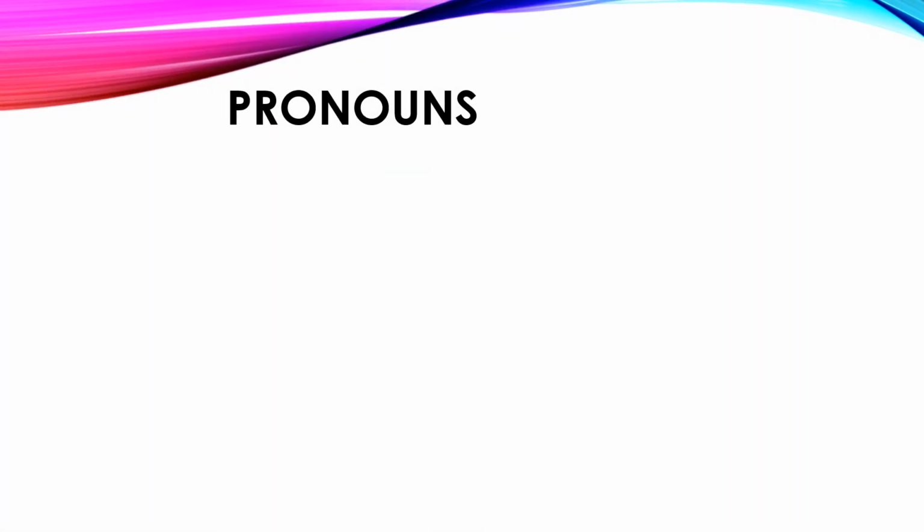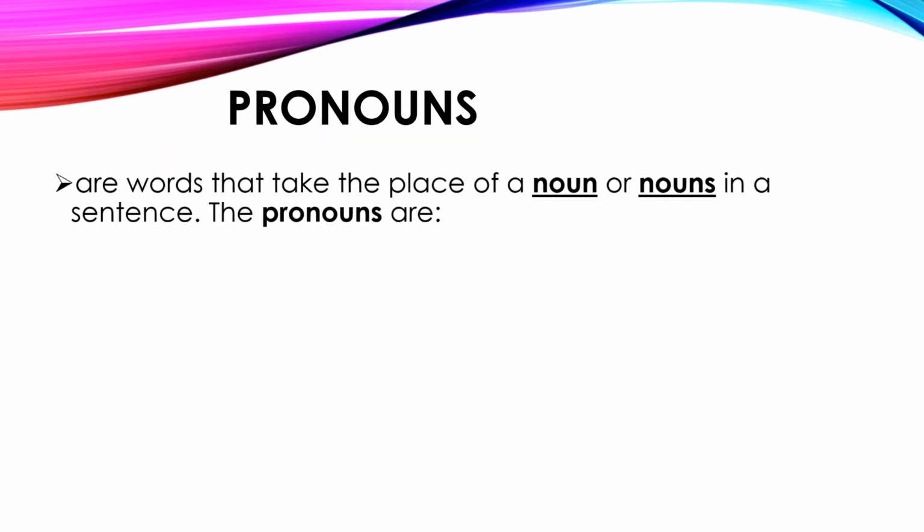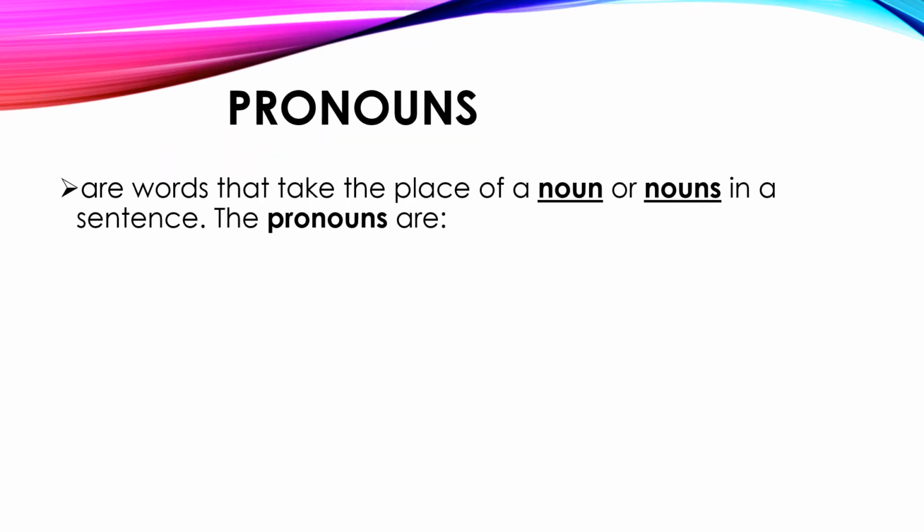Last time we learned about pronouns, and we learned that pronouns are words that take the place of a noun or nouns in a sentence. The pronouns that we learned about are he, she, it, we, you, and they.